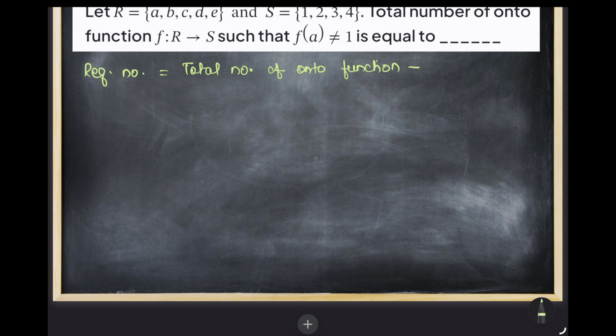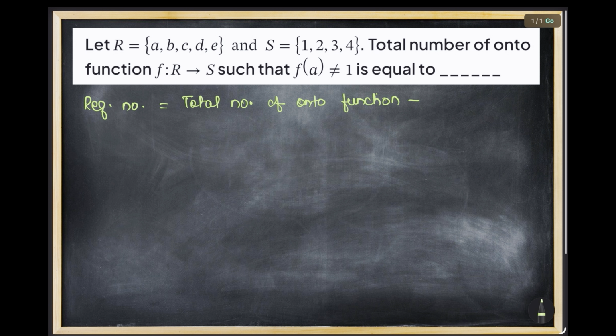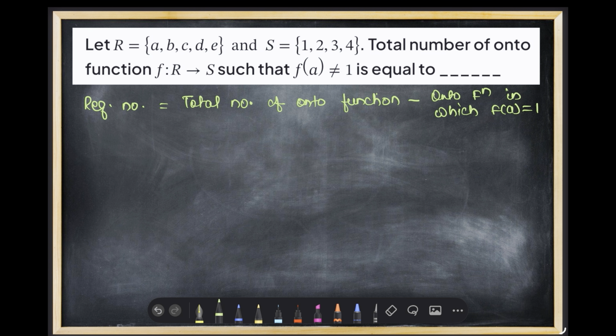And from this, remove the total number of onto functions in which f of a is connected with 1. This is my case.